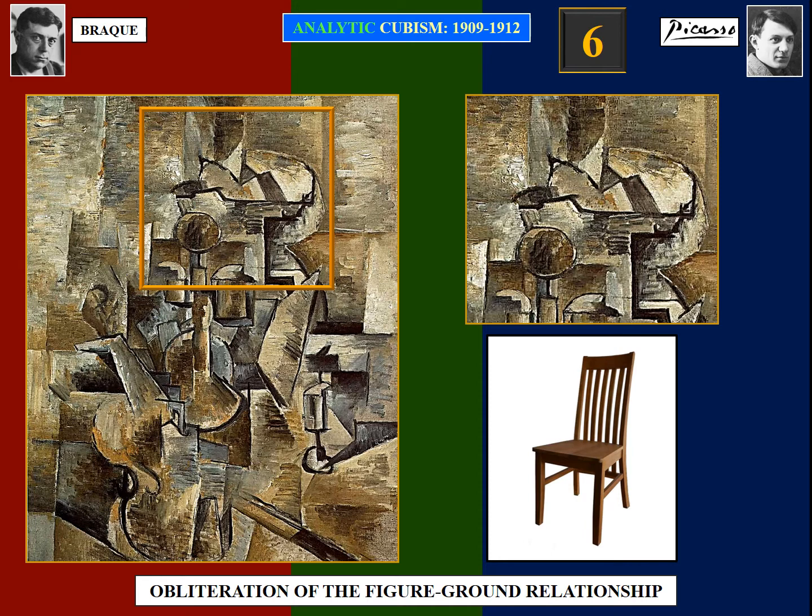because we live in a three-dimensional world. But what Braque and Picasso are doing, they're reinventing the rules for this two-dimensional world, that is, this two-dimensional surface of a painting. So what they are trying to do is intentionally obliterate that distinction between three-dimensional space and an object occupying it.